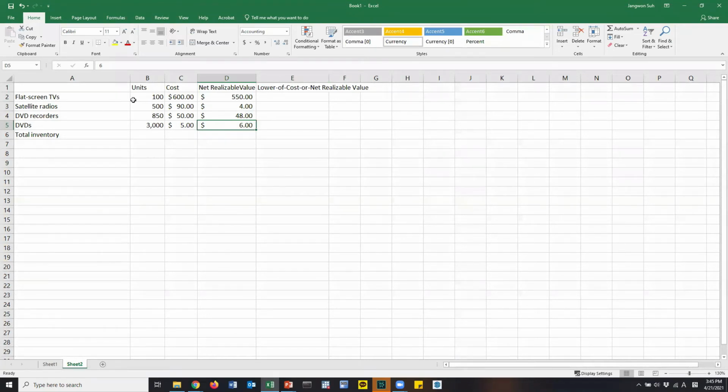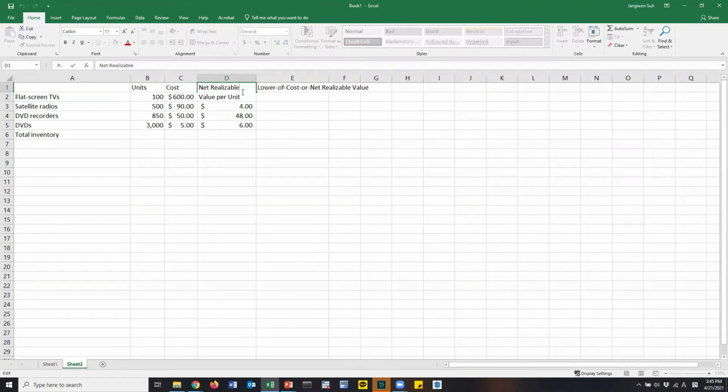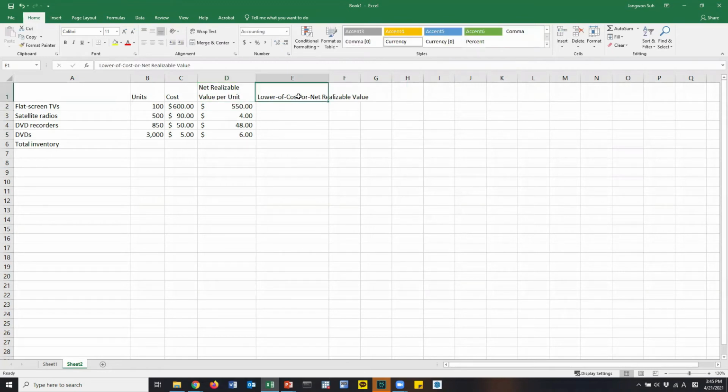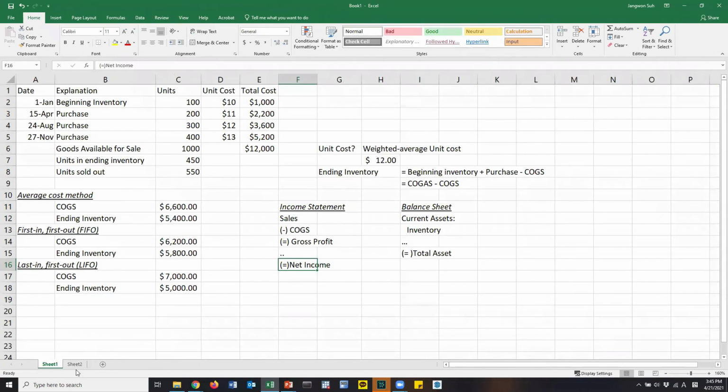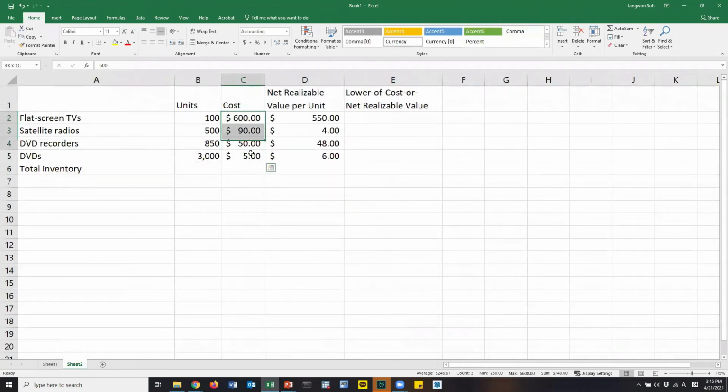the LCNRV method, lower of cost or NRV, net realizable value method. Okay, what is that? The cost is the cost that you have developed based on using a cost method. Okay, you've got these costs, but it is possible that your costing is different from what you can realize from the market.